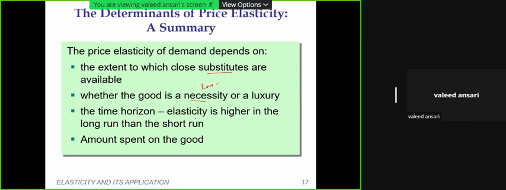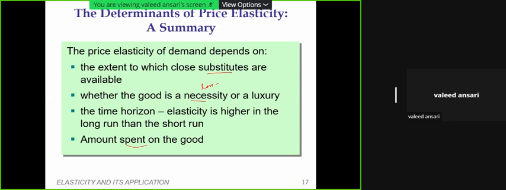As for the period that elapses, in the short run demand will be less elastic in comparison to the long run. And the amount spent on a particular thing: the greater the amount spent, the more elastic it will be. So these are some of the factors that affect the price elasticity of demand.